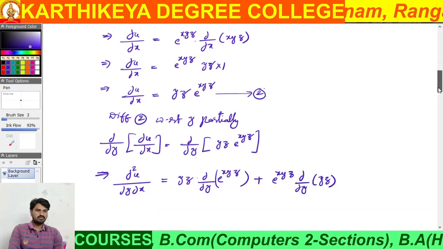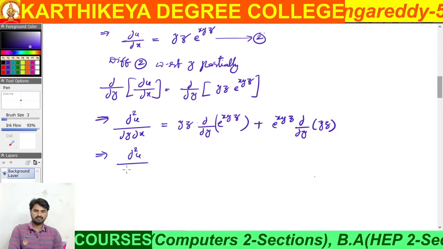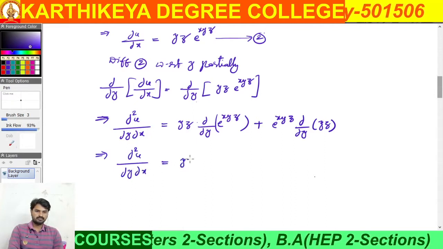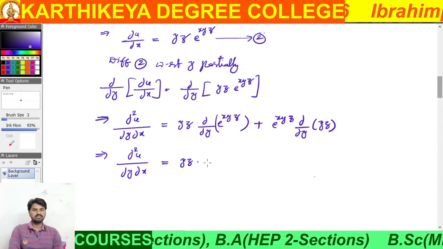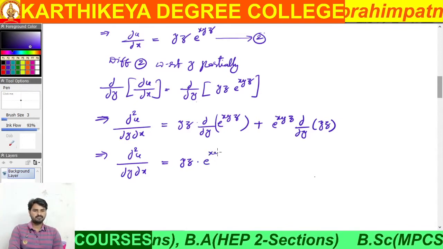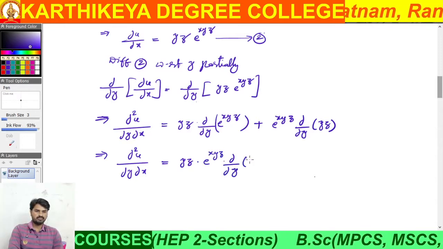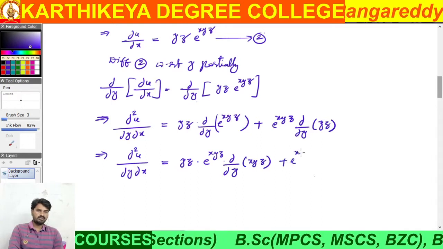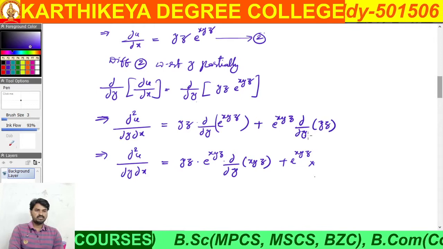So now dou square u by dou y dou x is equal to yz into e to the power of xyz, that is the e power x formula, again differentiating with respect to y for the power value, plus e power xyz into the derivative of yz with respect to y.